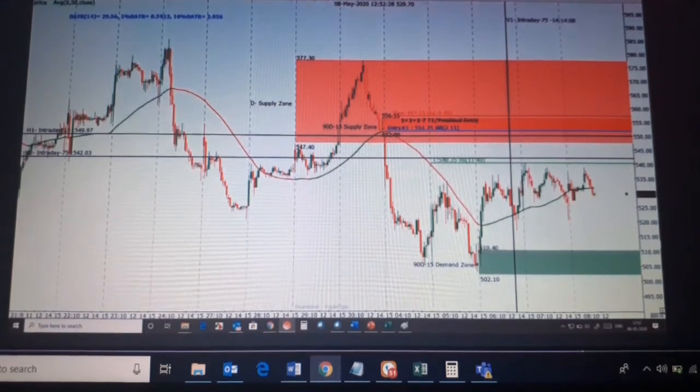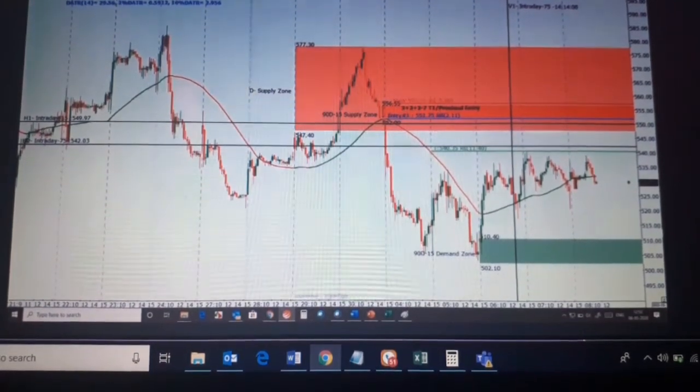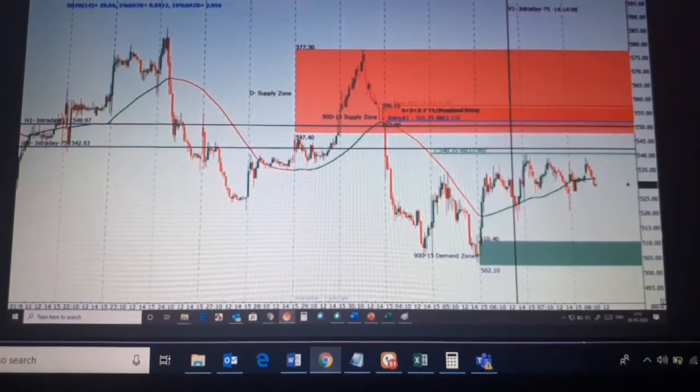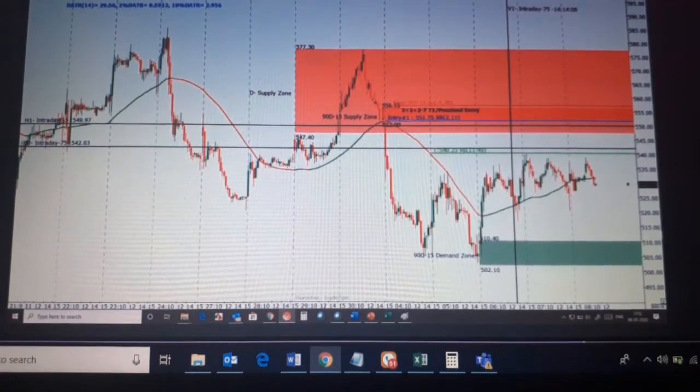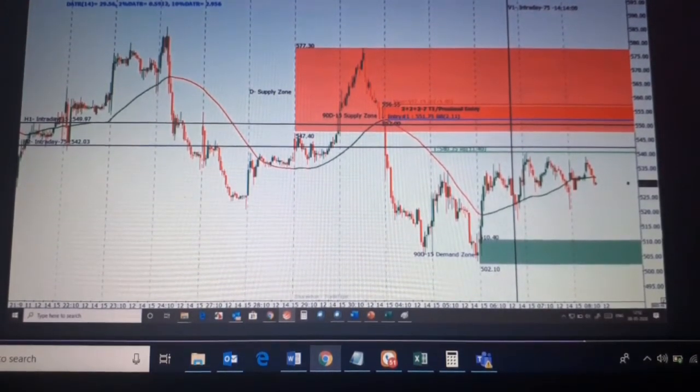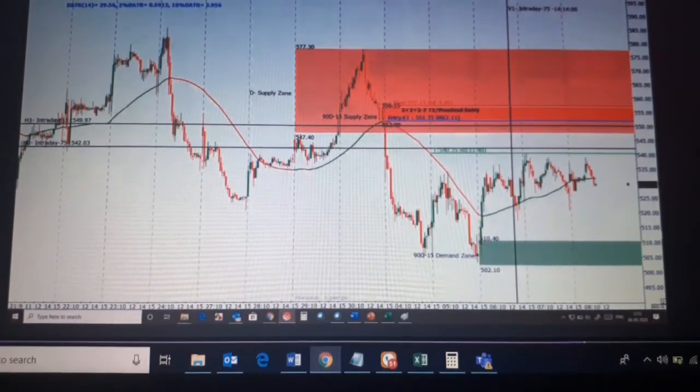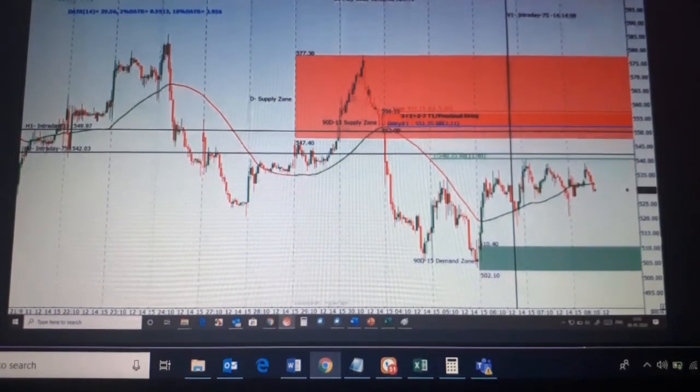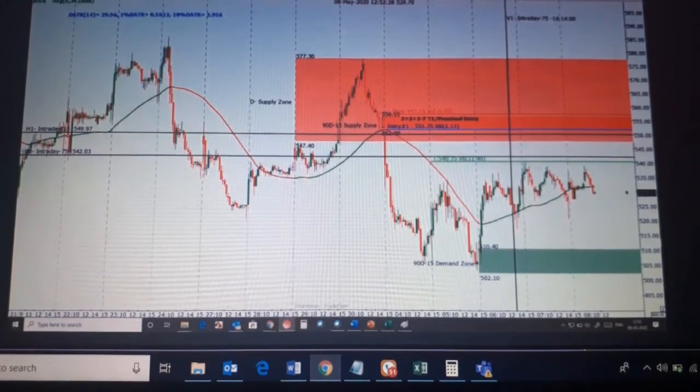It should be close to the current price, and also it should be a strong drop or a strong rally. Because if it's not a strong drop or a strong rally, then the zone might not work.